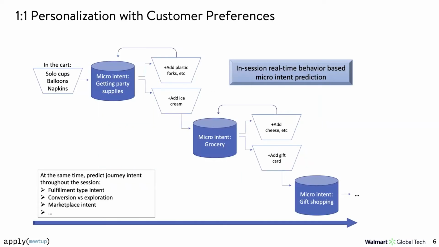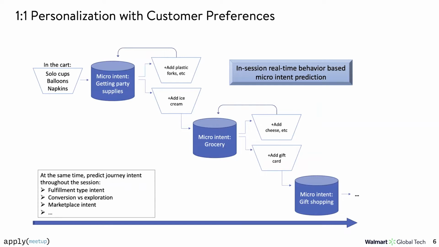Praveen, next slide, please. So yeah, let's talk a little bit about the intent, since I have been mentioning that for a while. Here we are introducing the concept of what we call micro intent, mainly because intent is dynamic in nature and it's applicable in a given context at a given time for the given customer. So in this example, let's say the customer is trying to arrange for a party.